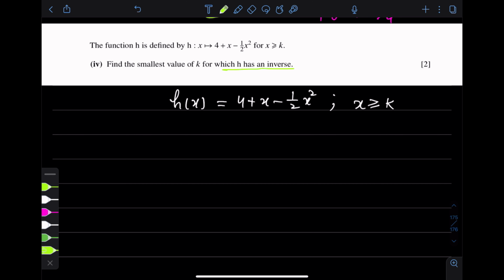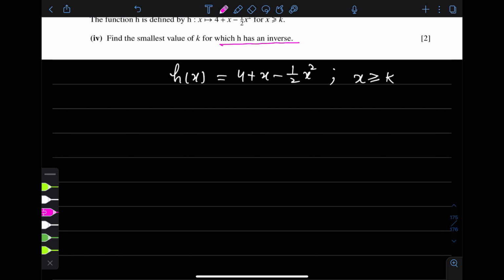So we know that an inverse is possible only if the function is 1 to 1. So first, we will find the vertex coordinates. The x coordinate for the vertex is equal to minus b over 2a.